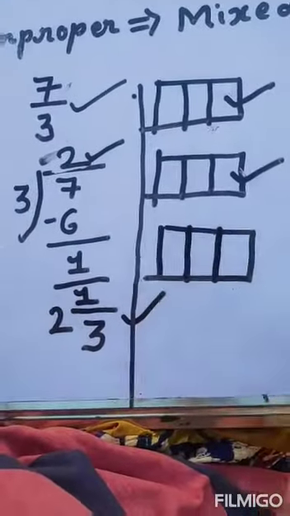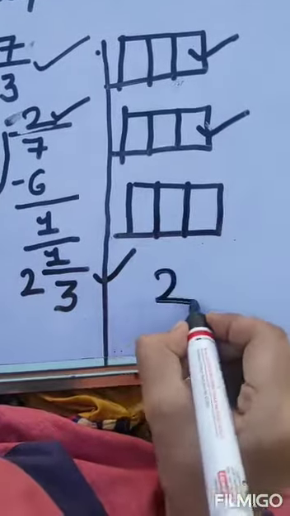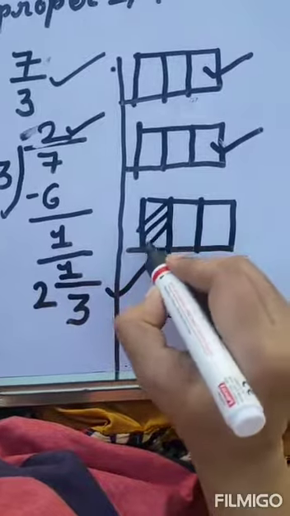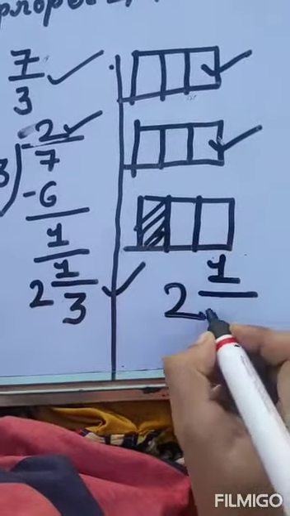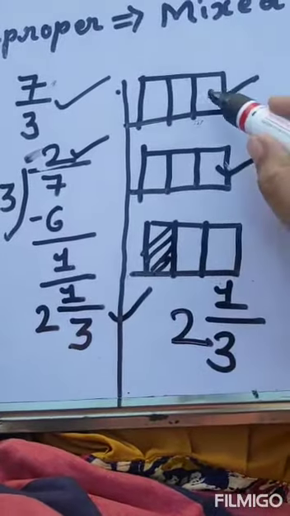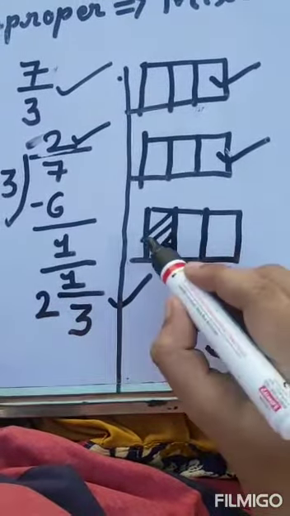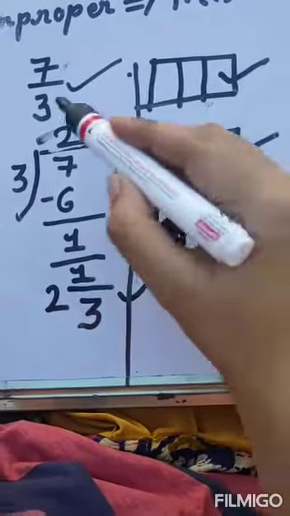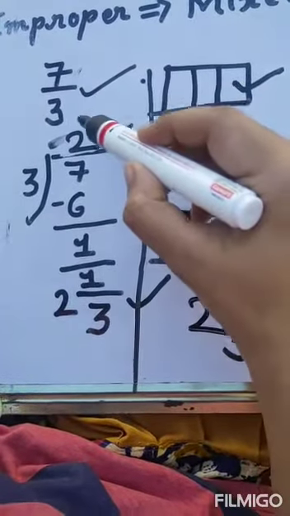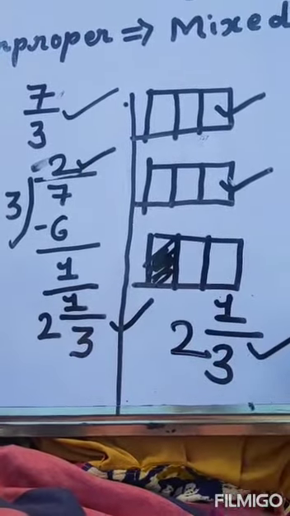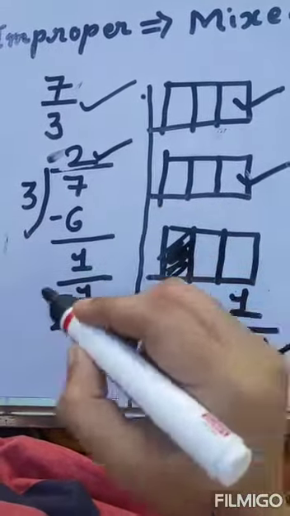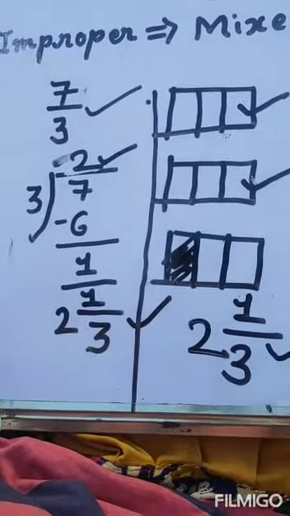That means I will be taking 2 full chocolates and 1 part out of 3 parts, so that I have 6 parts and 1 more part, a total of 7 parts. So I am getting the same answer this way also. You can use any of the ways to solve the question.